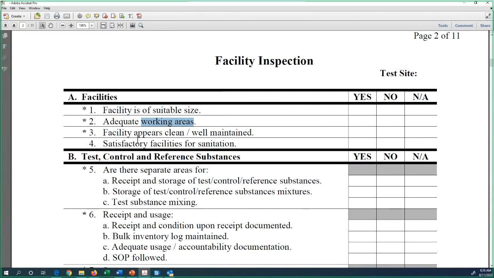So there are a lot of other things. Is it clean or not? Is it well maintained or not? This is all personal opinion. But the common sense is if you put all the glassware everywhere on the bench, that's not good. You need to organize them. So it's about facility sanitation. That's a different thing. In this case, you can sometimes put NA.